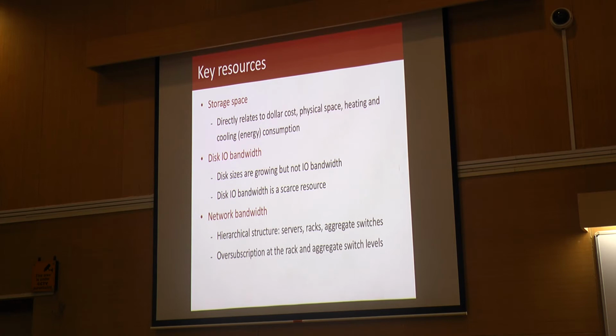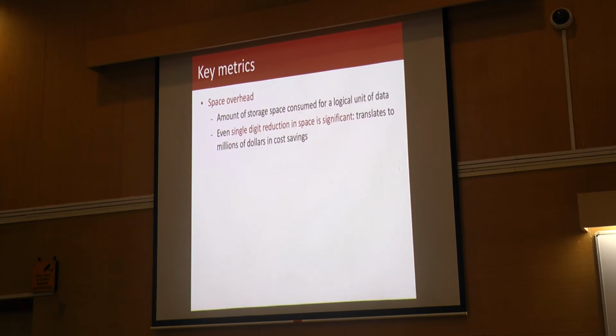Given these resources, when we are looking at codes for storage, there are some key metrics we want to watch out for. One is space overhead: in order to store one logical unit of data, how much actual physical space are you going to consume?